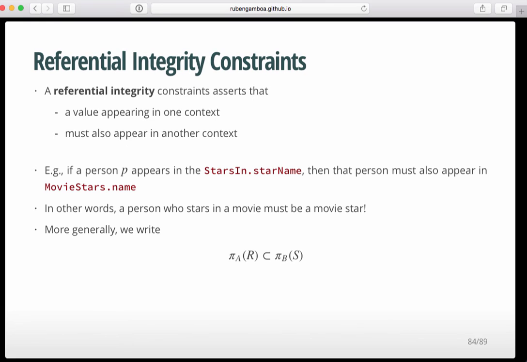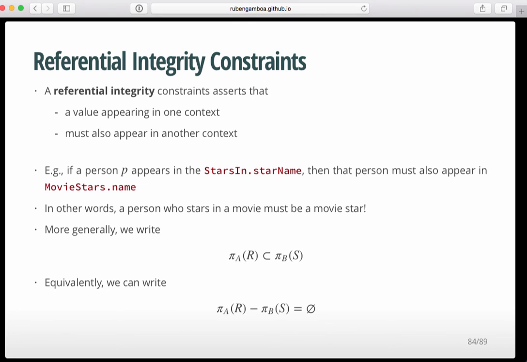So more generally, we would write it this way. We'll have a projection, right? The projection of some attribute in some relation, that is, all of the values that appear in that attribute in that relation are a subset of all of the values that appear in some other attribute in some relation. Okay, so that's how we specify that.